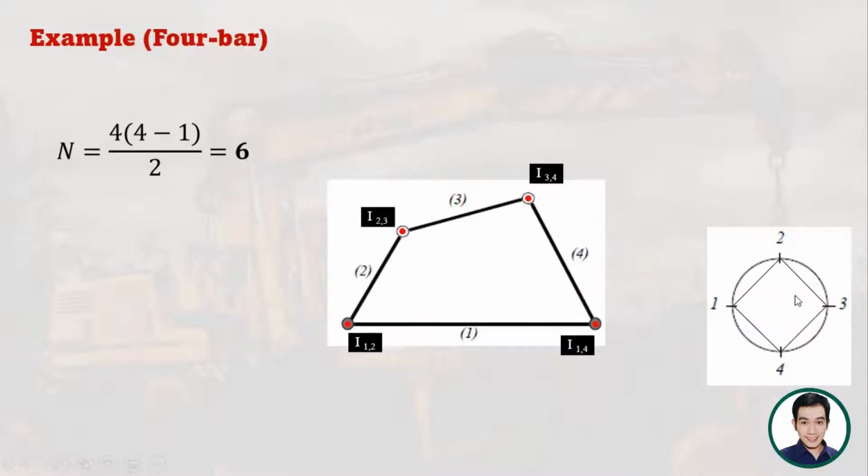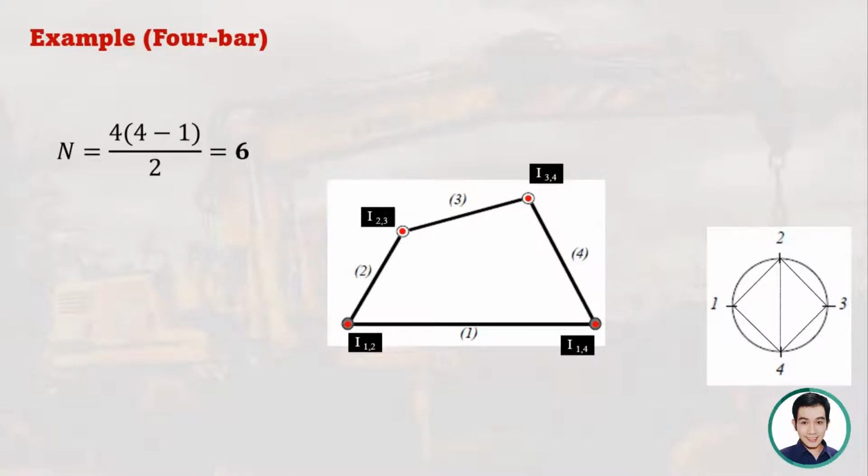This means that instant center 2, 4 lies at the intersection of the sides 1, 2 and 1, 4, or 2, 3 and 3, 4. So we extend 1, 2 and 1, 4.